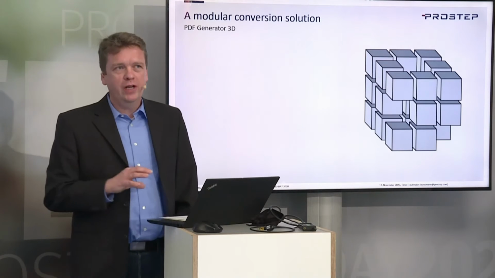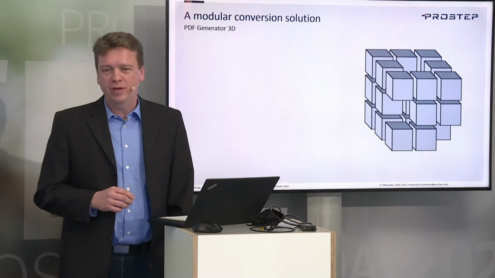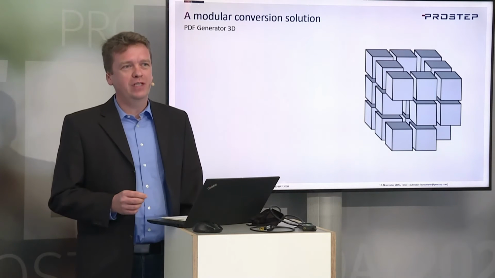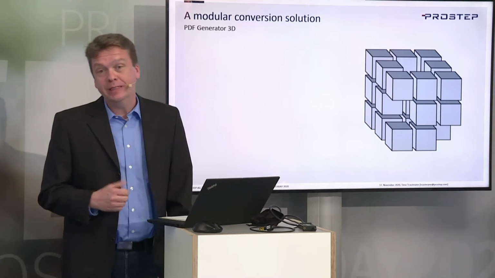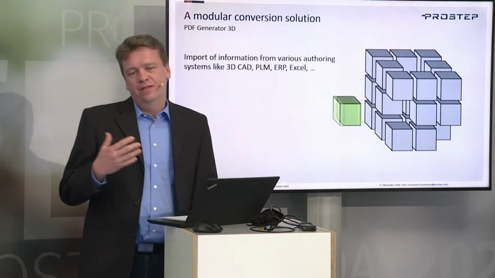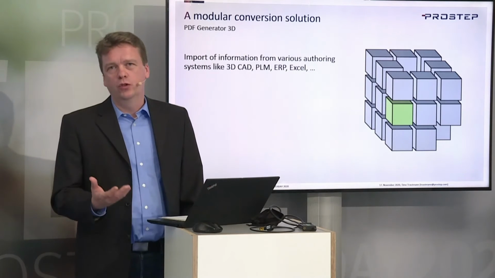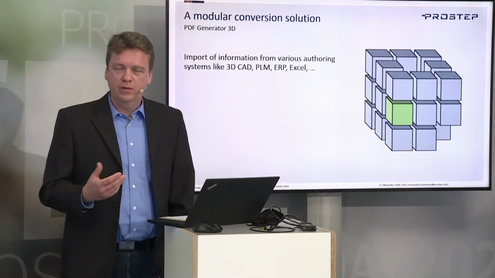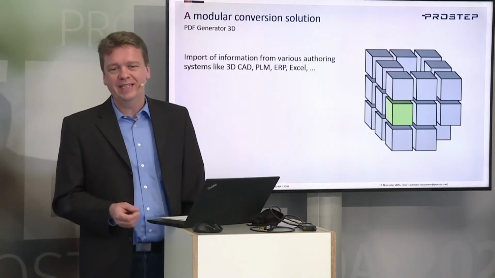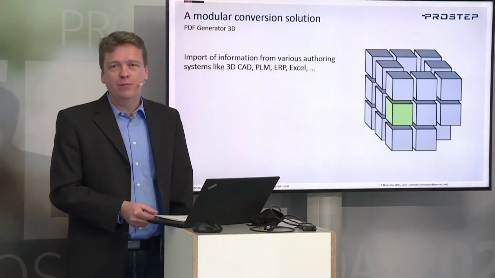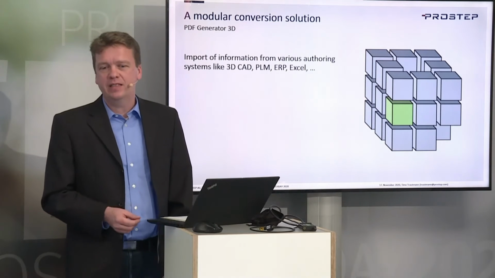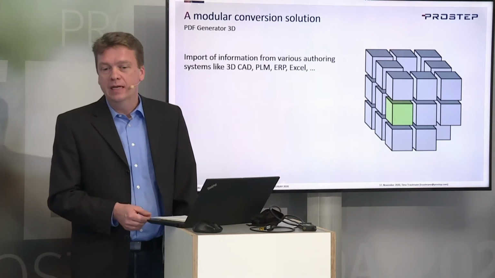Generally, you can imagine we've got a whole lot of elements. You know this PDM puzzle, I could have taken that as well, but I thought the Rubik's Cube PDF picture would be much more suitable for PDF Generator 3D. We have a lot of input connectors on one hand. This morning, you heard this already. We have various CAD systems we support, and with our OpenPDM technology, we also have access to all the PDM PLM systems in the market.